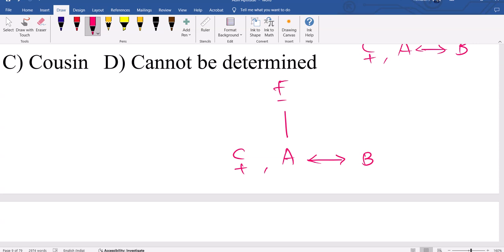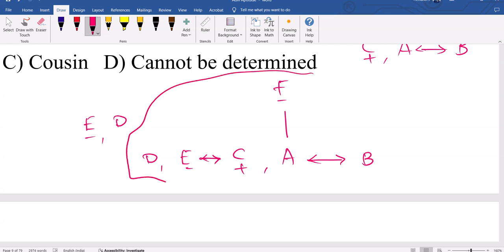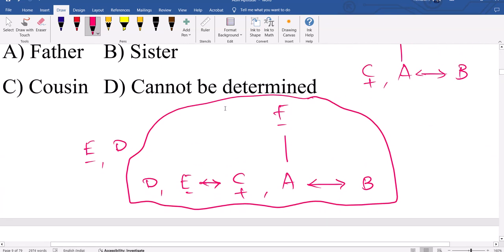We have one person called E, sister of D. There is a chance C and D are a married couple. E is sister of D. This is also possible, right? How many couples required? A and B one couple, D and C one couple. Now, as per this, how is E related to A? It can be sister-in-law, brother, wife, sister-in-law.